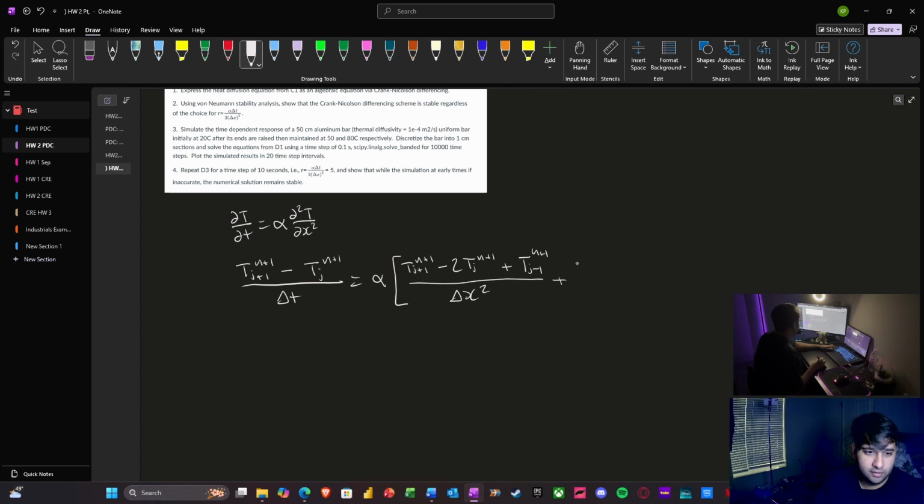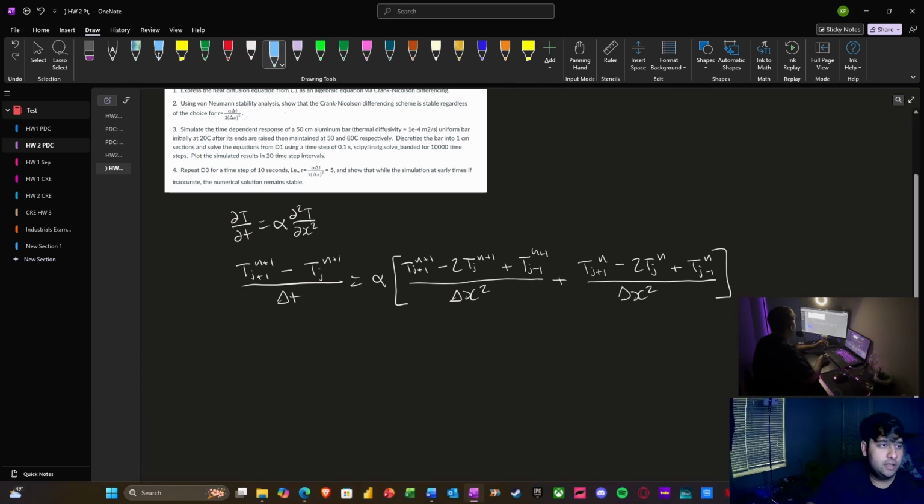And then we're going to add this to, so this is our n plus 1 iteration, and then our n iteration: T_(j+1)^n minus 2T_j^n plus T_(j-1)^n over delta x squared.